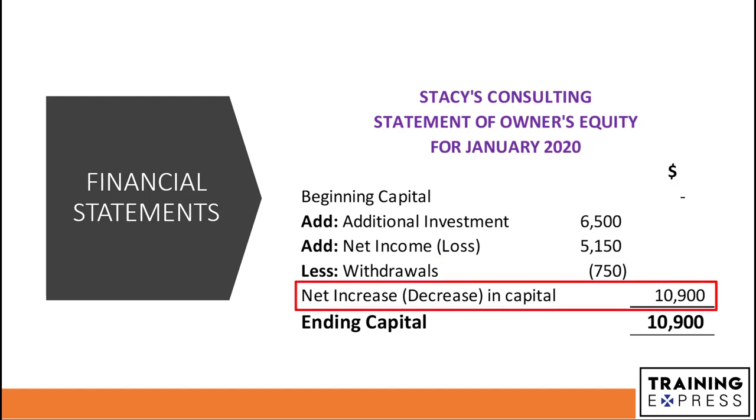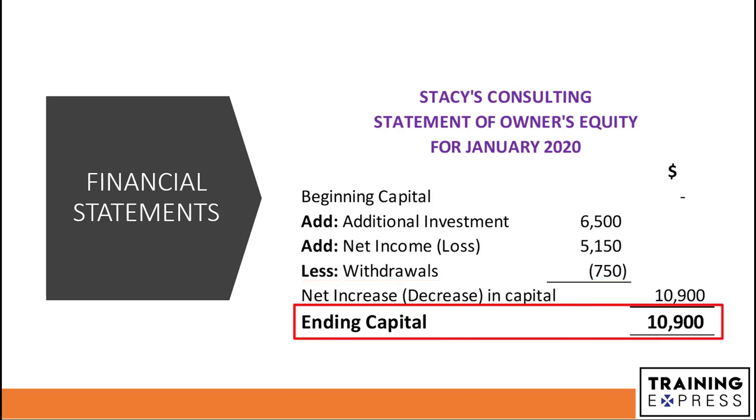Now if we calculate the net increase or decrease in the capital, you can see we have a 10,900 increase in capital during the month of January, which is coming from an investment of $6,500 during January, plus net income in the month of January of $5,150, and minus withdrawals of $750. So this is our net increase in the capital during the month of January.